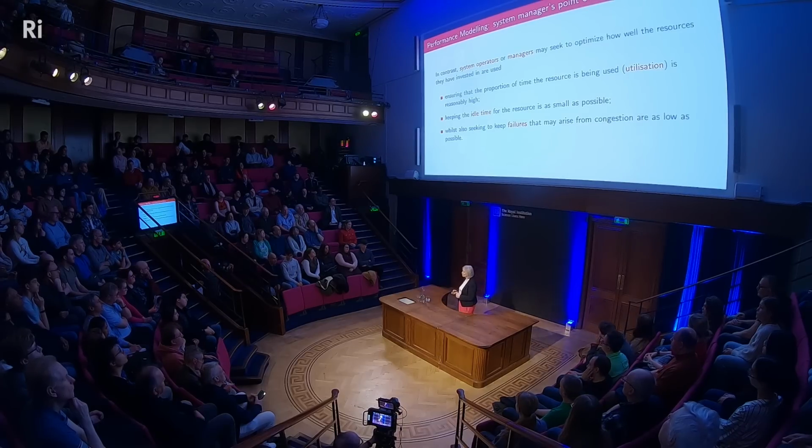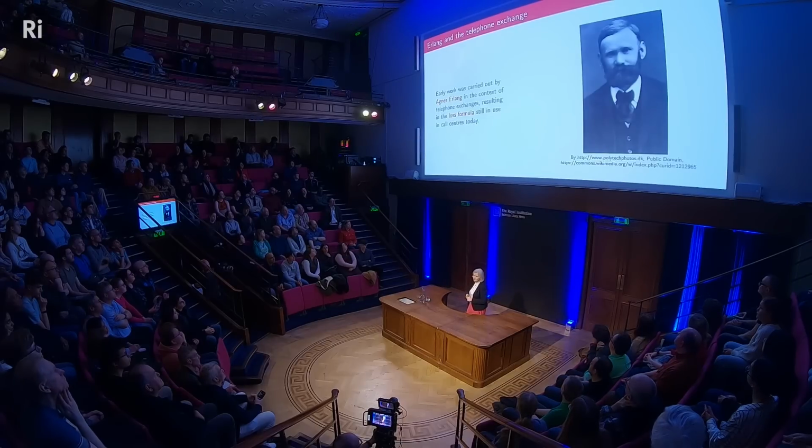And these two requirements from the system operators and the users of the system are often in tension. And so what we do as performance modelers is try and build models that let you do what-if scenarios and try and find a sweet spot where there is enough access to keep the users happy while not making a fragile system.